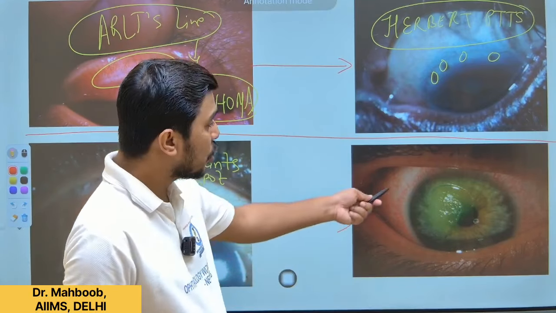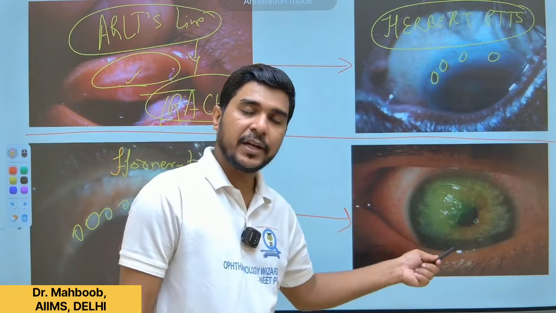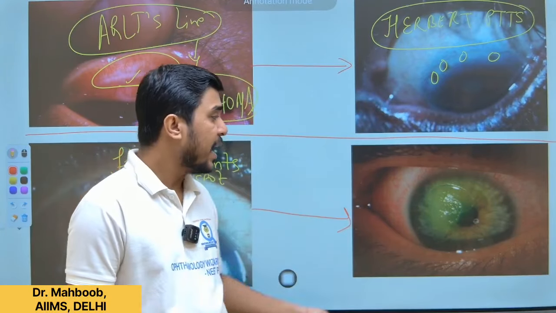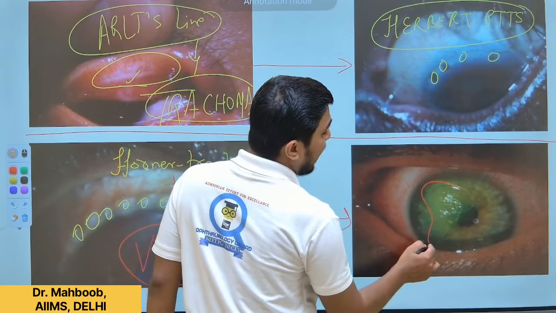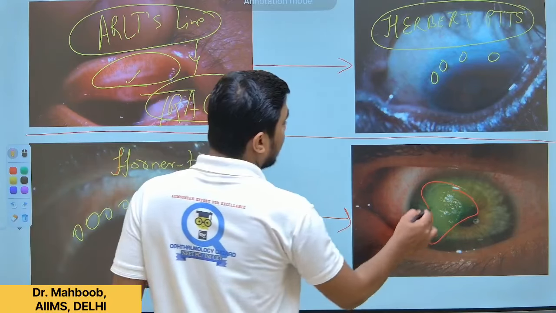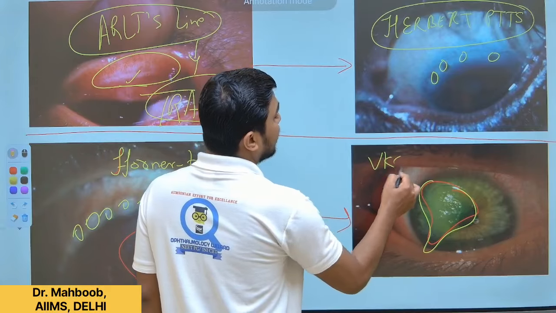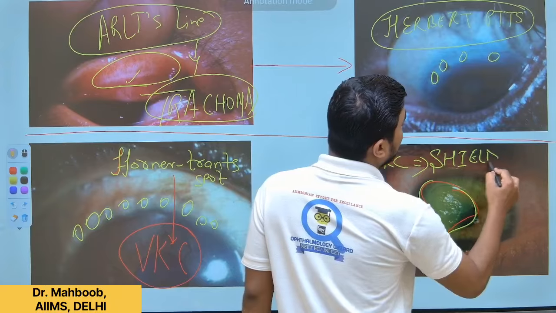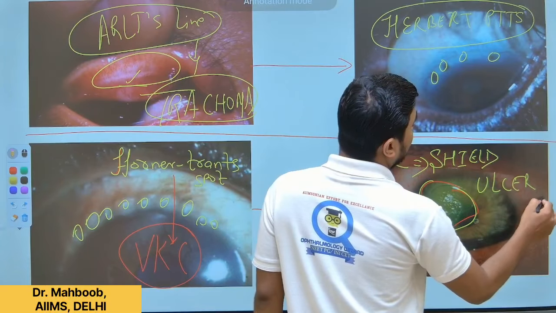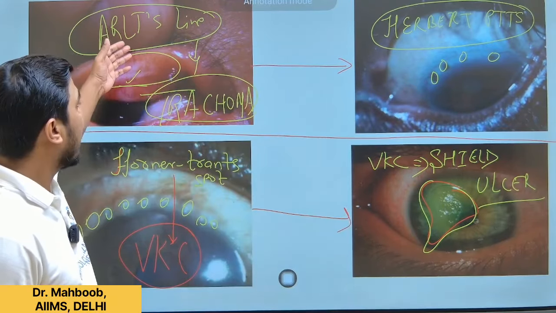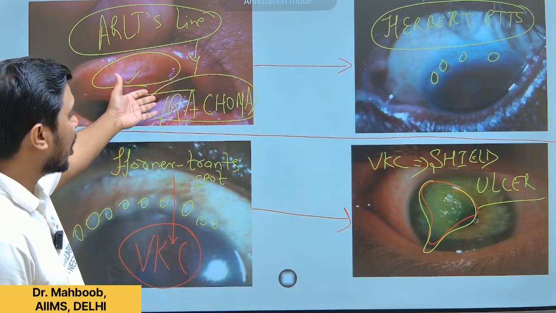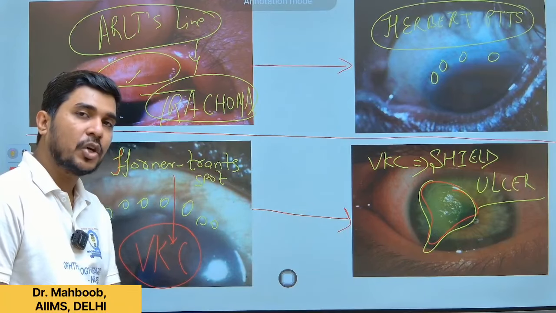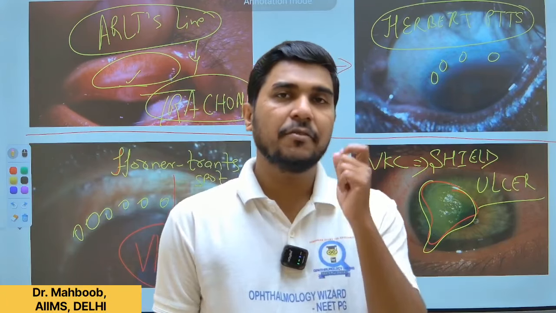If VKC is very severe, not treated in time, leading to corneal involvement, then this type of ulcer can be there. What type of ulcer is there in VKC? This is a shield ulcer. Understood? So Arlt's line and Herbert pits are seen in trachoma, Horner Trantas spot and, in severe cases, shield ulcer are a part of vernal keratoconjunctivitis, VKC.